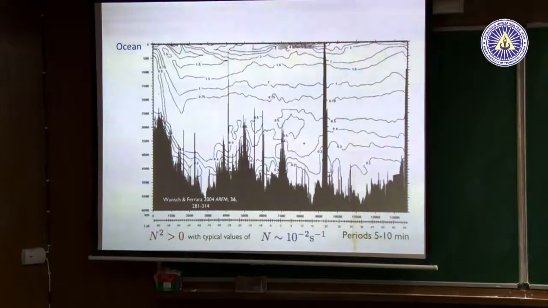So what that means is if I go to the middle of the ocean on a scuba dive or something, and I lift a parcel up, it'll then take 10 minutes or so to come down. It'll oscillate back and forth about 10 minutes.